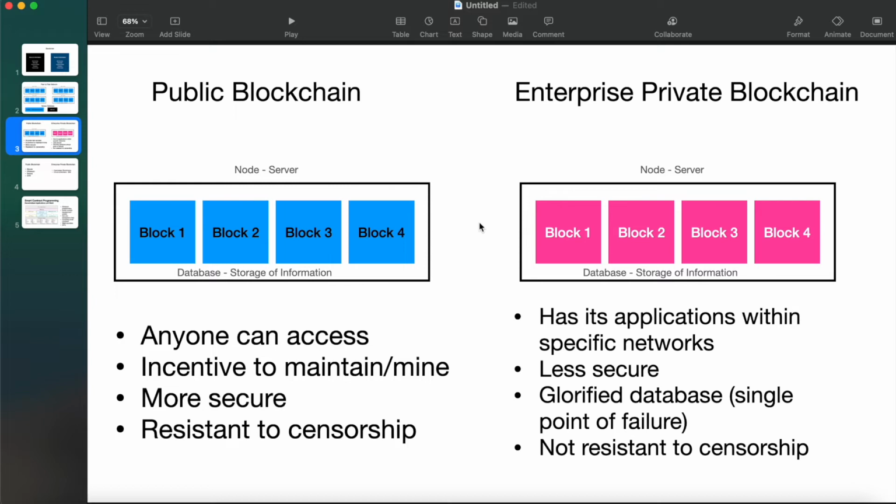So there are use cases for it, honestly, in my opinion, and I've seen use cases that have worked really well using blockchain technology within a private setting where you are maintaining that information or that network.